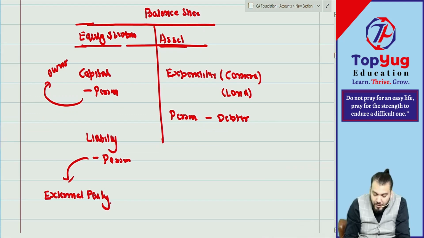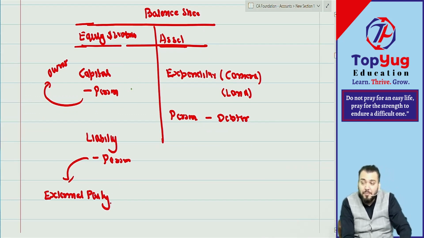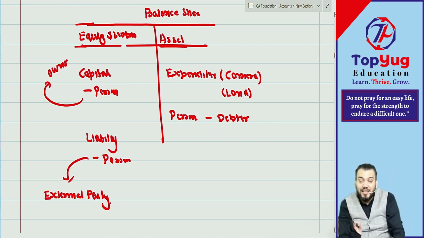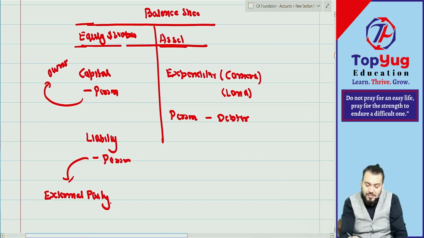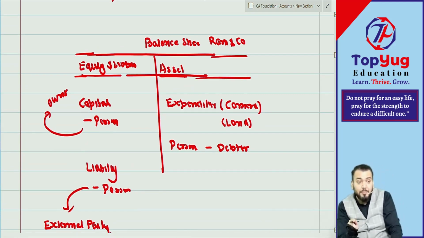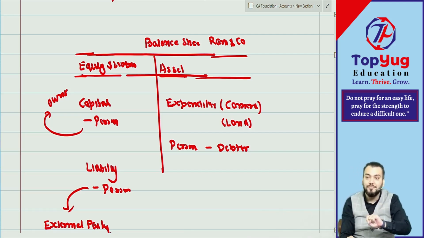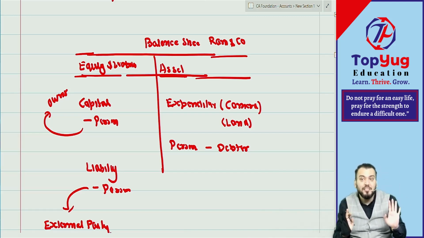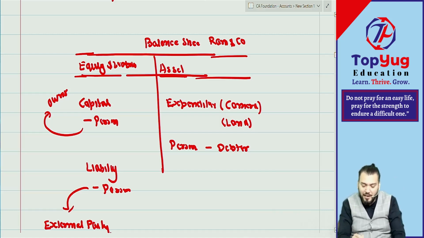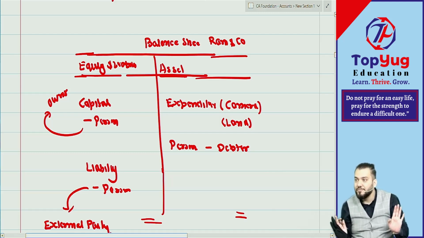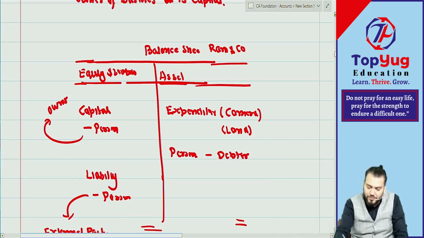Any amount which is payable by this business to the owner is capital. Business means Ram and Company. This is the balance sheet of Ram and Company, not Ram. So any amount payable by Ram and Company to Ram is capital, but any amount payable by Ram and Company to an external party is liability. I hope this is giving a more clear picture. Have you understood? Yes sir, we have understood a little.